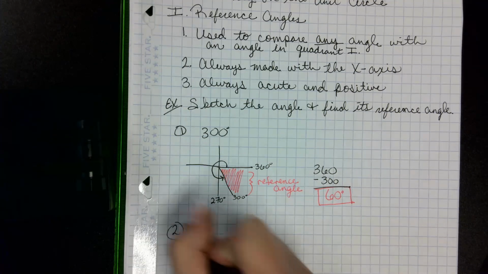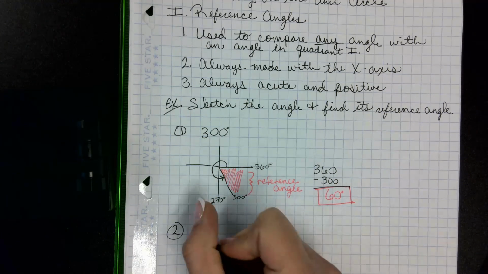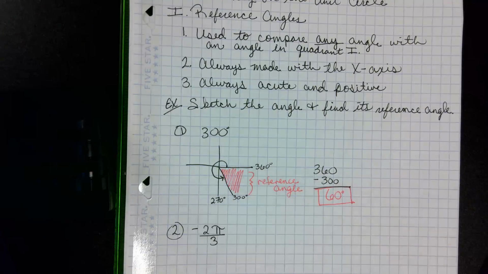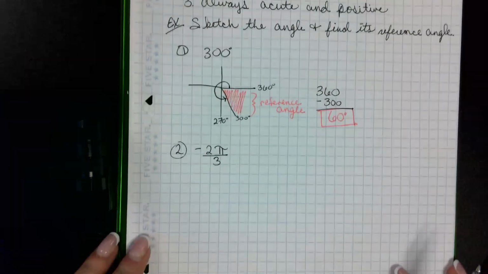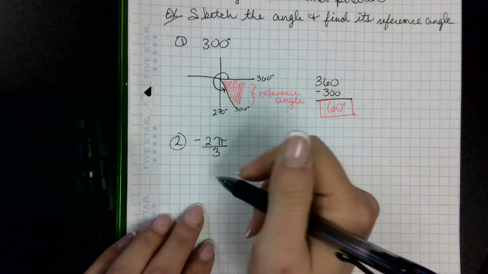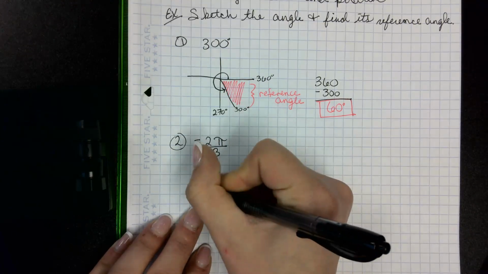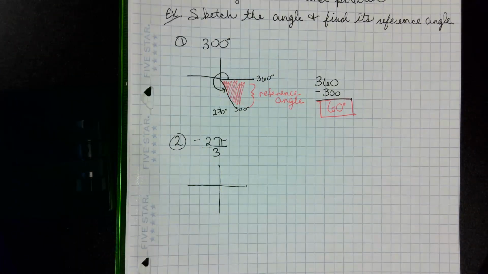All right, so the second example, that was a degree example, so a radian example: negative 2 pi over 3. Sketch the angle and find its reference angle. All right, so we're going to sketch it. We have negative 2 pi over 3. I don't like sketching the negative angle right away. I prefer to sketch the positive version of that angle and then reflect it over the x-axis to get to the negative one.